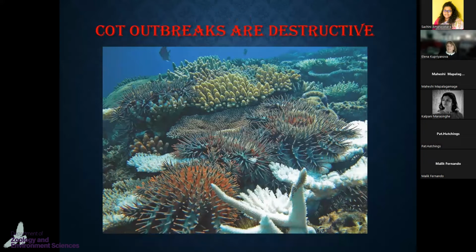What happens is, although the crown-of-thorns starfish is essential for coral reef health, once in a while a population explosion happens and the species becomes so numerous that it can destroy vast coral reef ecosystems.